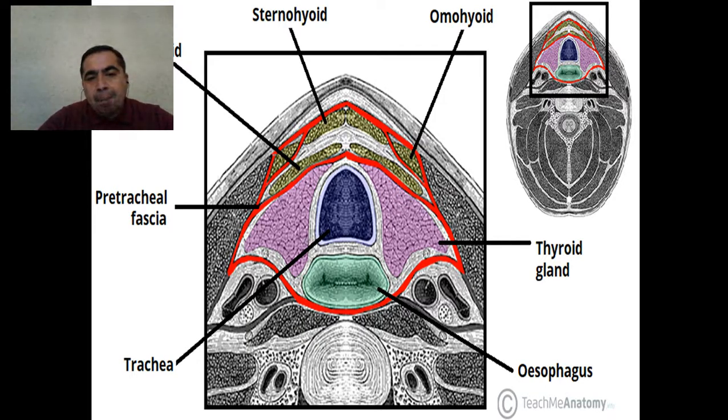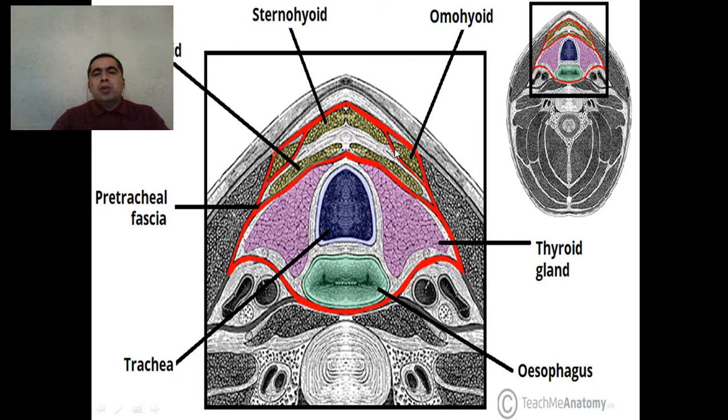Pretracheal fascia, again, I have noted the pretracheal fascia is considered the proper fascia of the neck. Here is the trachea itself, and the esophagus, the position of the esophagus, and of course the vertebra. Carotid sheath, the thyroid gland, which is located anteriorly, then the thyroid cartilage, and the infrahyoid muscles such as the sternothyroid, which is very close to the thyroid cartilage, the sternohyoid muscle, and the omohyoid muscle.